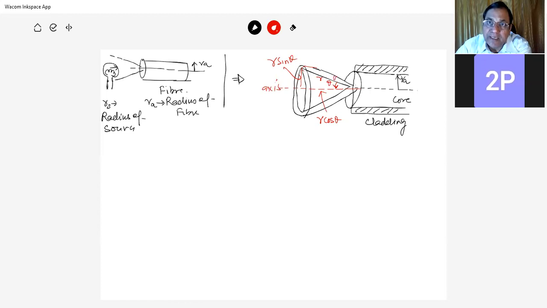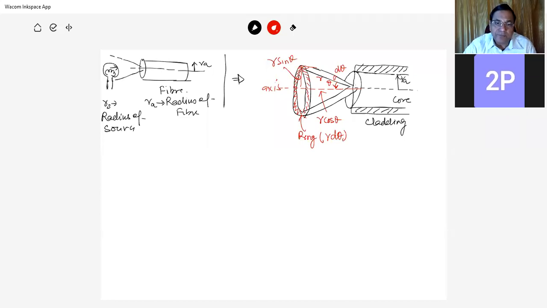This particular angle is d theta. So this part appears as a ring shape, a ring of thickness r into d theta. It is r and here it is theta, so r into d theta is the part.